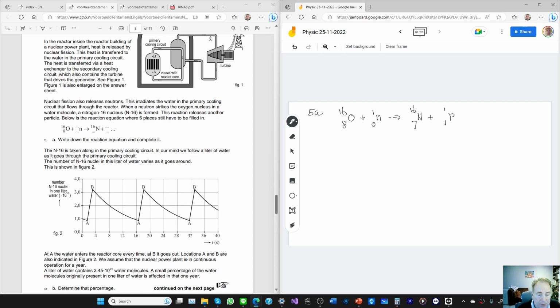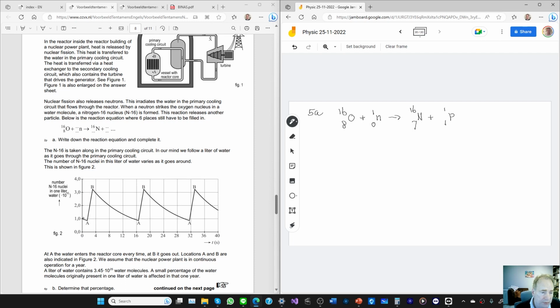We assume that the nuclear power plant is in continuous operation for a year. A liter of water contains so many water molecules. A small percentage of the water molecules originally present in 1 liter of water is affected in that 1 year. Let's see how many molecules are affected. You can see that some of the oxygen in the water molecules will change into this nitrogen-16.